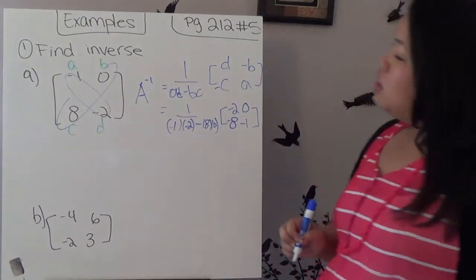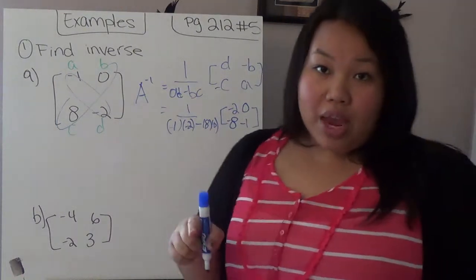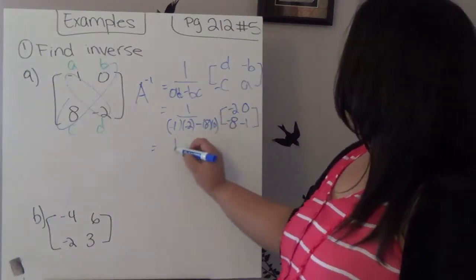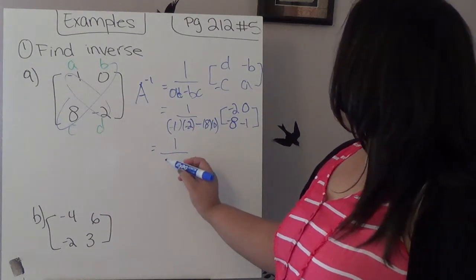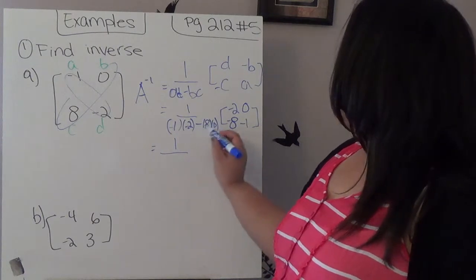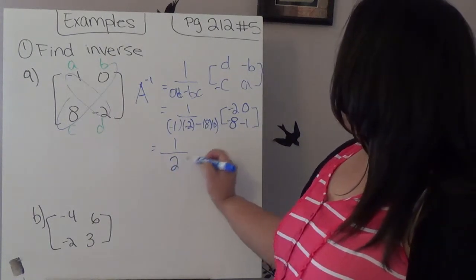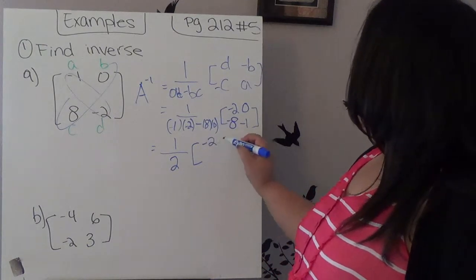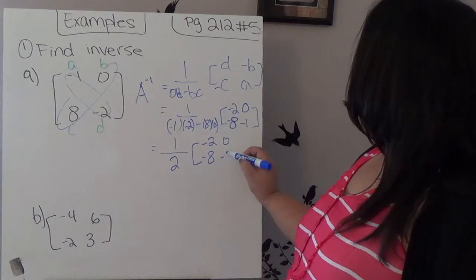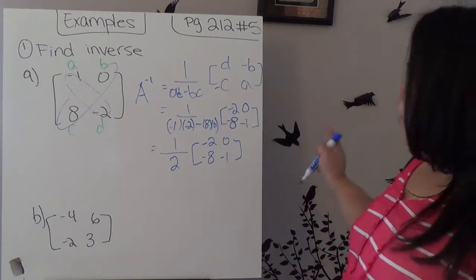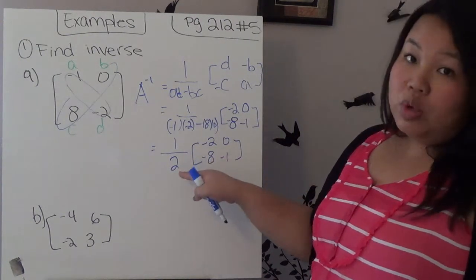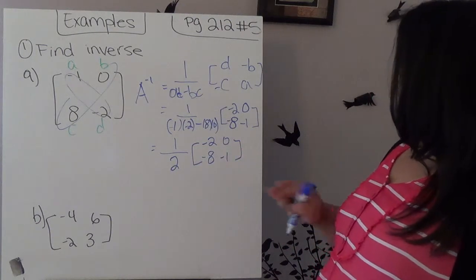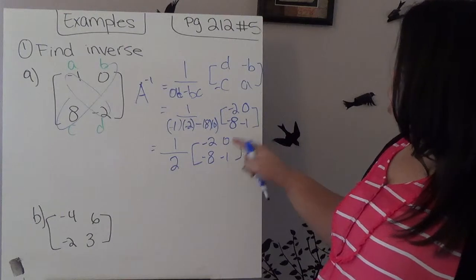Okay? So, from there, we then will have 1 over negative 1 times negative 2 is 2 minus 8 times 0, which is 0, so this would be 1 over 2. And then it would be negative 2, 0, negative 8, negative 1. Now, this is a scalar multiple, so remember, you take this and you multiply each by 1/2.